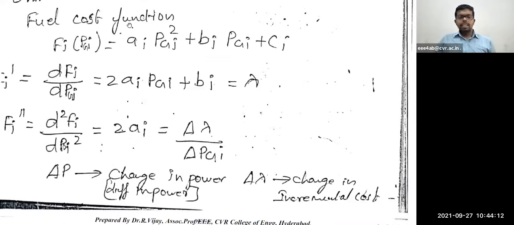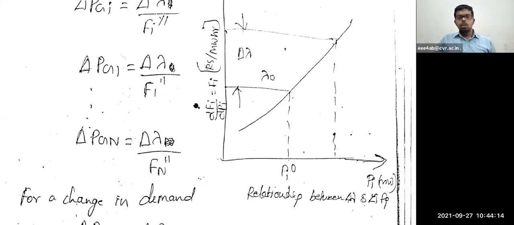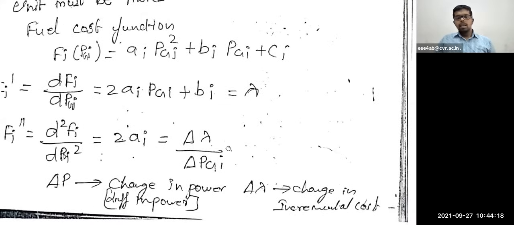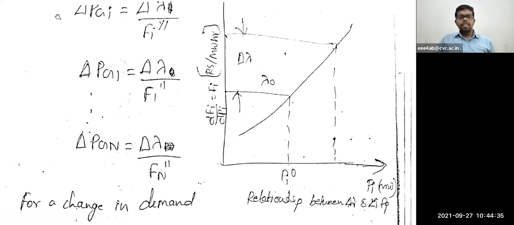So if you see the general formulation, we need to find out del PGi, the change in the power generation. Fi double dash is equal to del lambda divided by del PGi. So del PGi is equal to del lambda divided by Fi double dash.